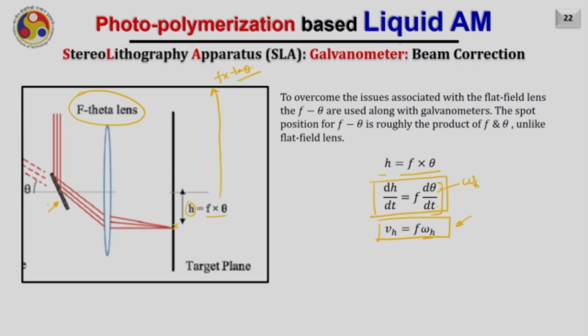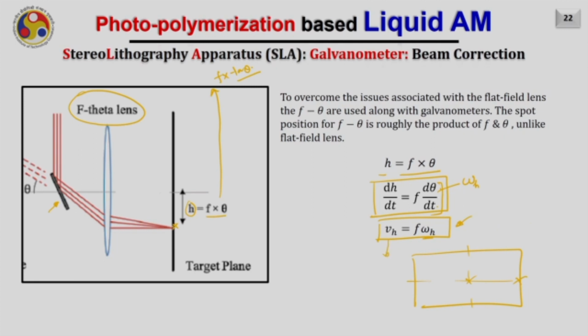Whatever the angular velocity will be, it is directly proportional to the velocity of the beam which is moving on the flat surface. Now if I move on the flat surface from maybe this point to this point, the angular velocity of the galvanometer will remain the same to achieve a particular velocity at the bottom.